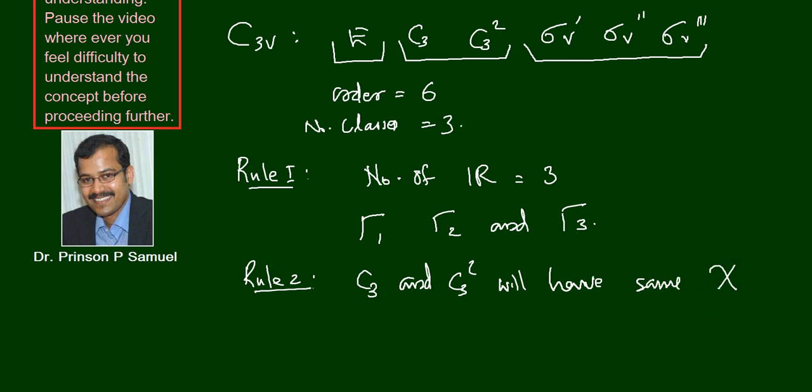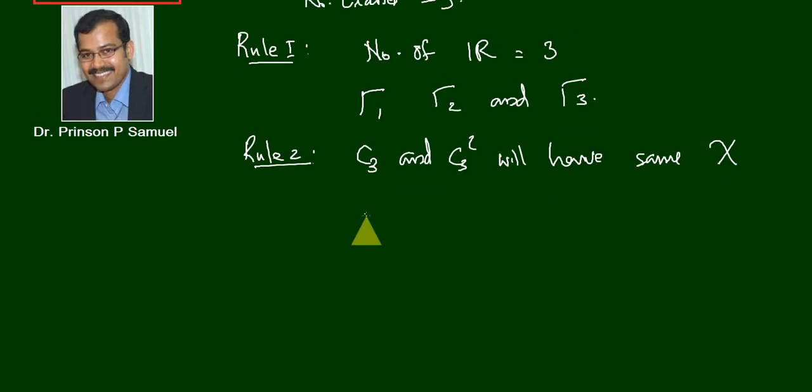Like that, sigma v dash, sigma v double dash, and sigma v triple dash will all have the same character.